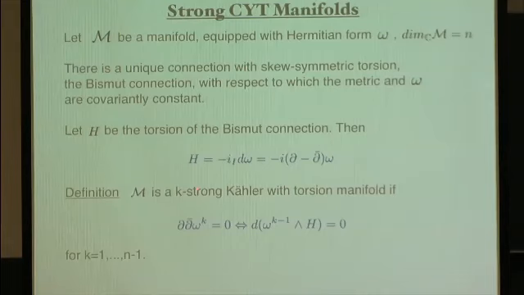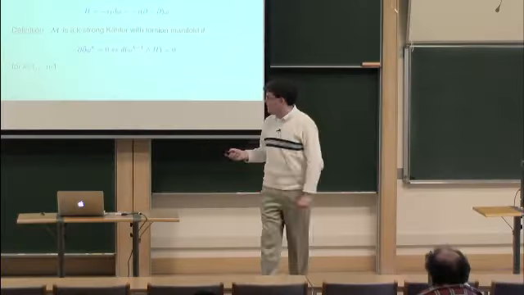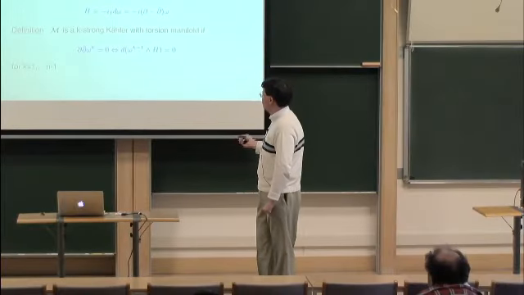I'm going to call M k-strong Kähler with torsion if ∂∂bar of omega to the power k is equal to 0. And because I know what H is in terms of omega, I can rewrite that condition in terms of the torsion H. It tells me that the exterior derivative of omega to the k minus 1 wedge H is equal to 0. So that's k-strong Kähler with torsion.